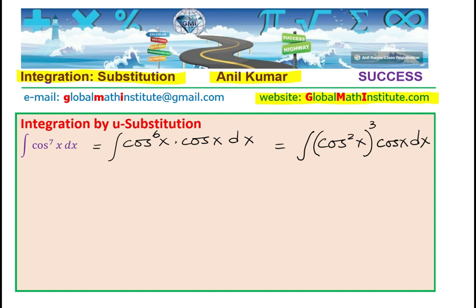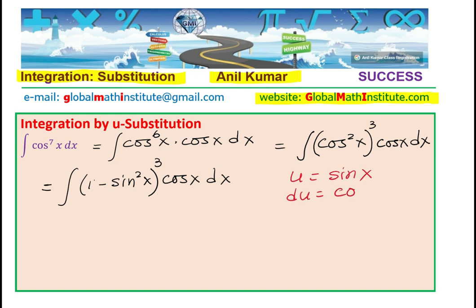And once you do this, then we can rewrite cos square x as 1 minus sine square x whole cube times cos x dx. Do you see how we are simplifying the whole expression? Now it is easy to substitute. We can write u equals sine x. So du will be cos x dx.